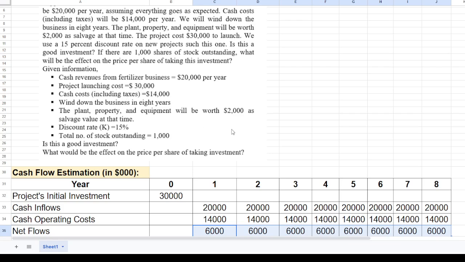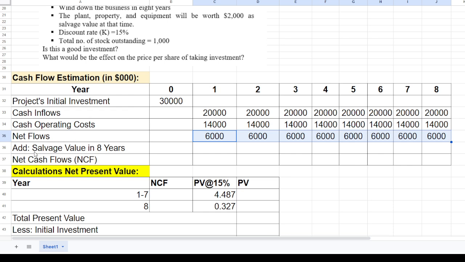Now as per this given question, you are expected to get 2,000 as a salvage value at the end of this project. So we have to add the salvage value at the end of 8 years to estimate the cash flow for the final year. I mean to say that it is 8,000, okay?